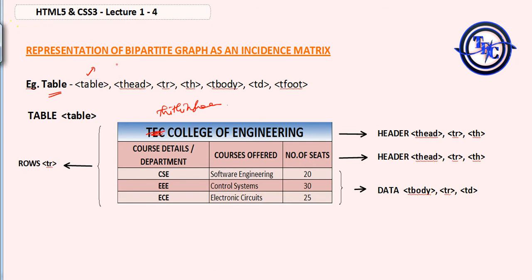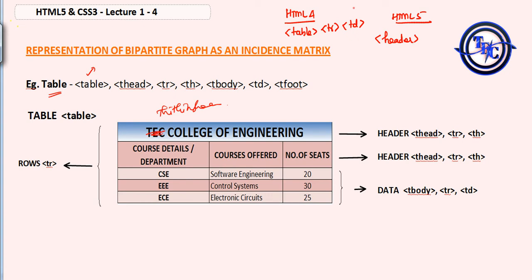So here I am using a table tag and placing all the content inside. If you want to have the header, see earlier in HTML4 you didn't have some tags. In HTML5 we have table, tr tag, td tag, all this, but here we have something called header.